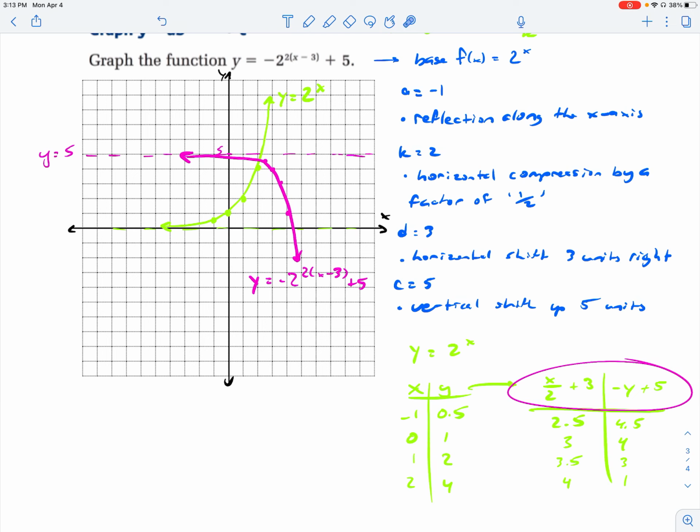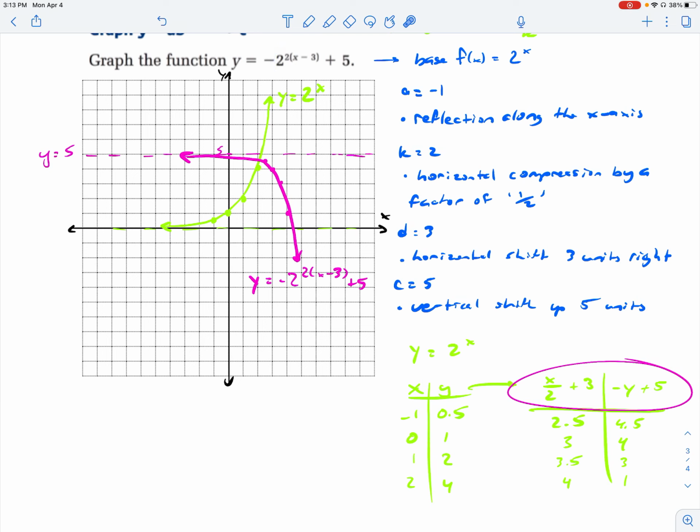Okay. One thing I do want to make sure is really clear. When you see questions that look like this with the -2, the negative in front, be really careful that you don't make that mistake and think that the negative is part of the base. It's not. The base is just 2 for this, and then it's being multiplied by a negative at the end.